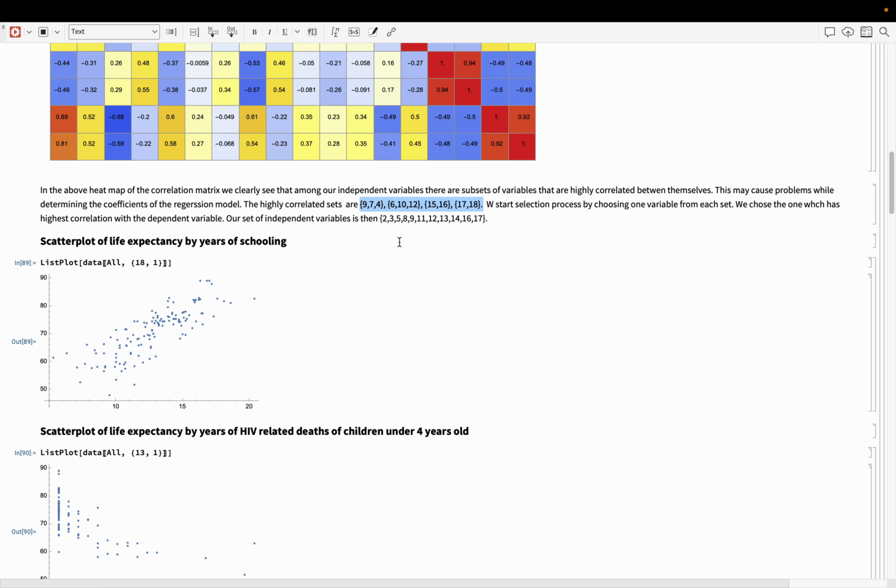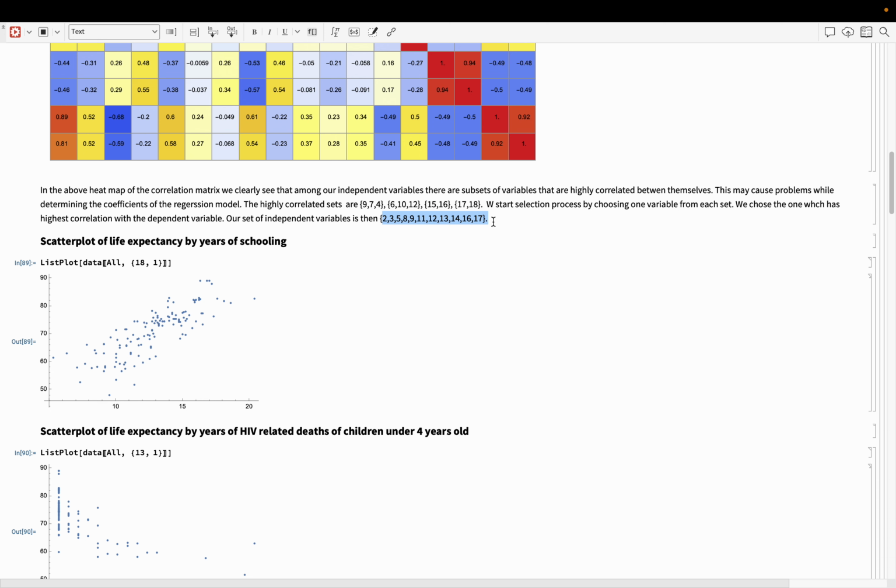And we add the rest of the variables, which are not strongly correlated to anything, not strongly correlated between themselves. This means that we obtain 11 potential independent variables to use in our model. This is, of course, quite a big number.